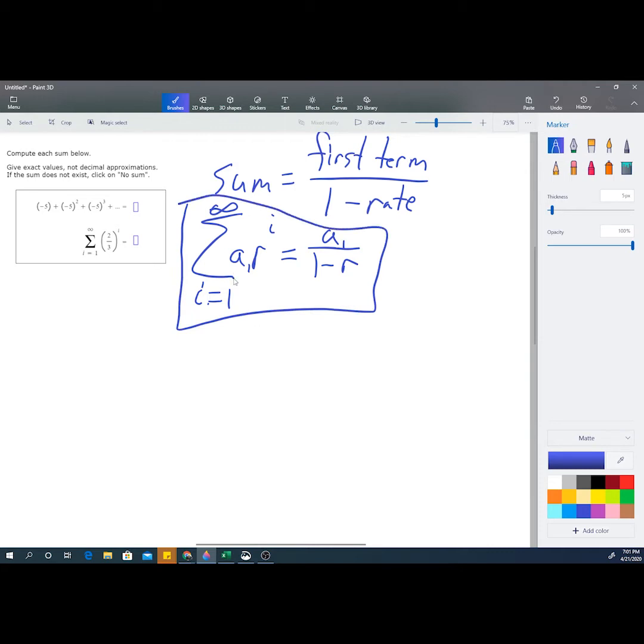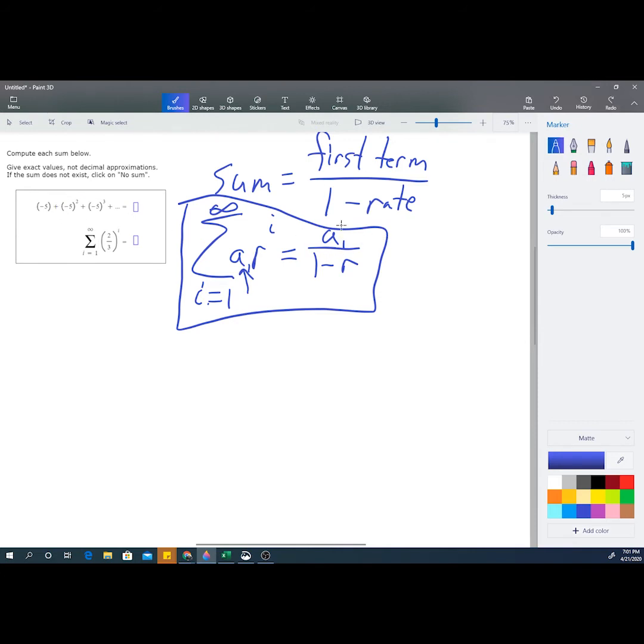What I would do first is just identify what your A and your R are. Your A is just your first term. Sometimes in these series we had numbers that were in front of the original. We don't have that here, not on these problems, but I could, and that's where that A term would come from.